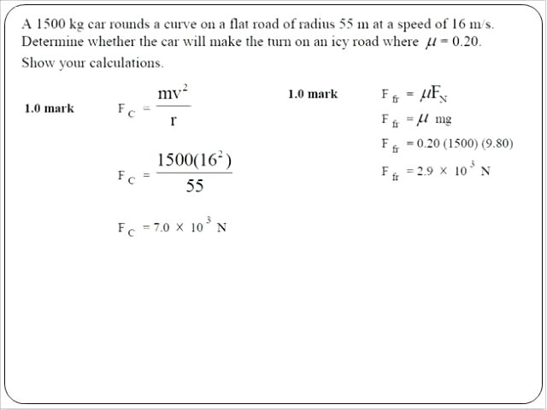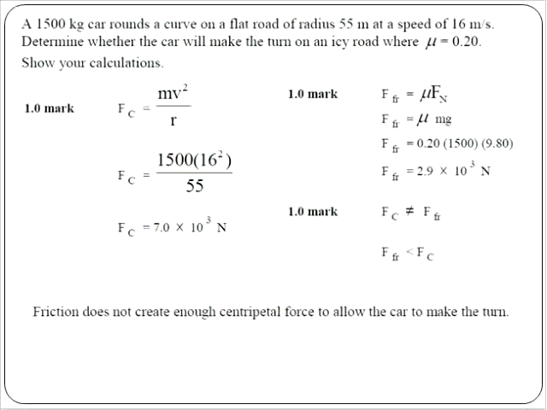Not enough, is there? There's not enough friction. So they're not equal. Friction is actually less than the centripetal force, and that's a problem because that means friction is not creating enough force to keep that car on the road. The car will slide off the highway.